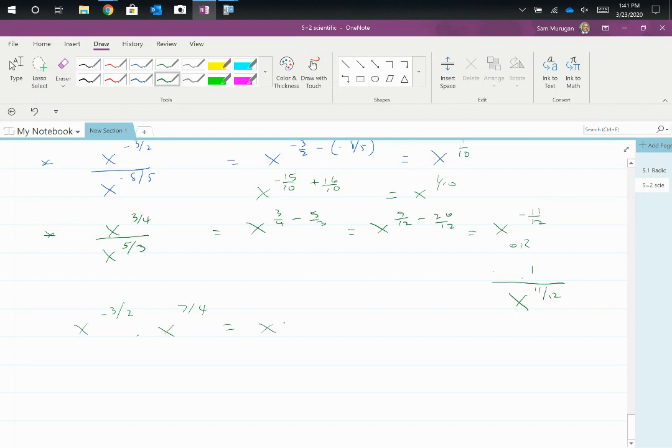So this is x to the power negative 3 over 2 plus 7 over 4, which is negative 6 over 4 plus 7 over 4, so that's x to the power 1 over 4. And if we express this as a reciprocal, it could be 1 over x to the power negative 1 over 4.